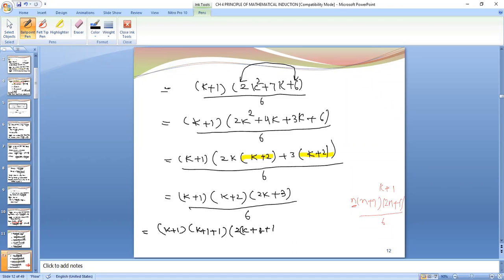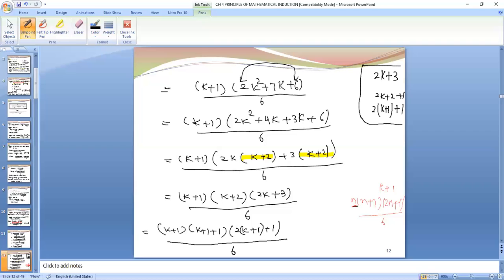Which can be written as 2 in the bracket k plus 1, plus 1 upon 6. Is it fine? 2k plus 3 can be written as 2k plus 2 plus 1, which can be written as 2 common k plus 1 plus 1. This we have written here.